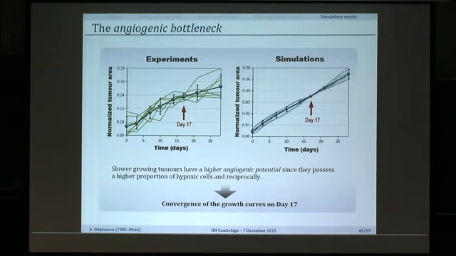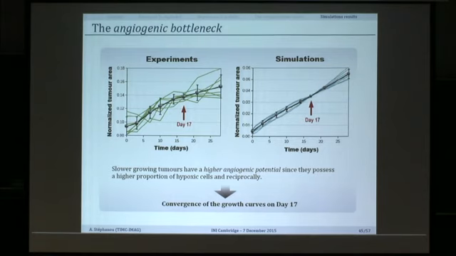So there is a switch occurring somewhere due to angiogenesis, and the interpretation is that the slow growing tumors have a higher angiogenic potential, due to the fact that they have a higher proportion of hypoxic cells. And reciprocally, we have exactly the symmetrical event. So that could explain why we have the convergence of the growth curves on this specific day.